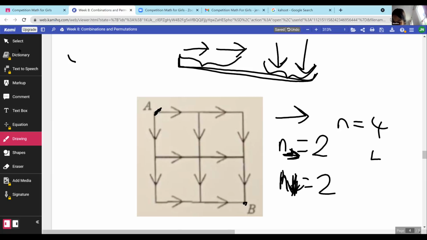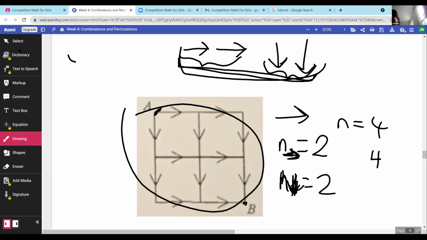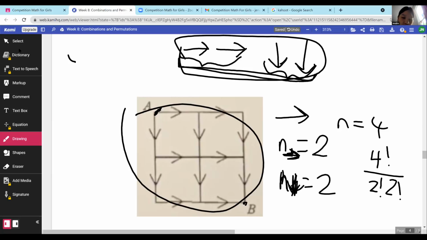So then this problem becomes how to arrange these terms. That's 4 factorial over 2 factorial times 2 factorial. And so it's 24 over 4, 6.